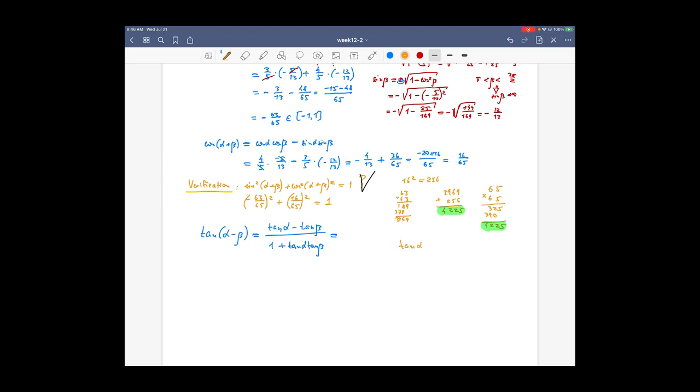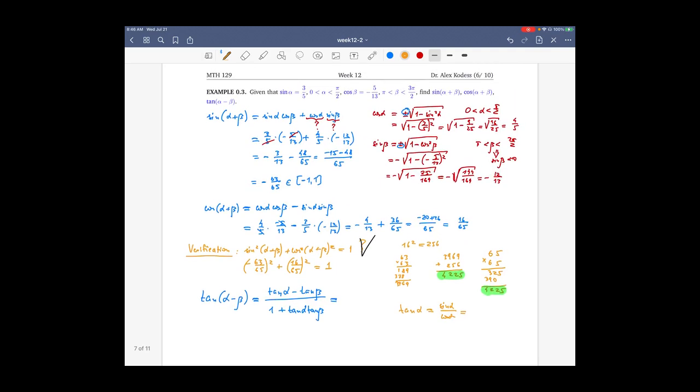Tangent alpha is sine alpha over cosine alpha. Sine alpha we know is 3/5. Cosine alpha we know is 4/5. So tangent is 3/4. Tangent beta is sine beta over cosine beta, and that is negative 12 over 13 over negative 5 over 13. That's 12 over 5.